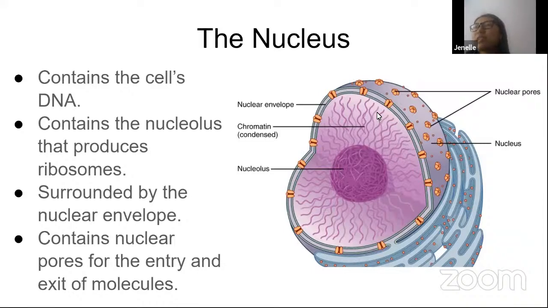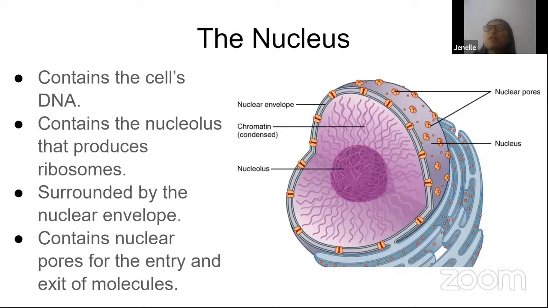As you can see in the diagram to the right, the nuclear envelope is made up of an inner membrane and an outer membrane. You can see in the blue-green color lines right outside where I'm pointing, if you can see the pointer. Embedded in the nuclear envelope are nuclear pores that allow for the entry and exit of different molecules.